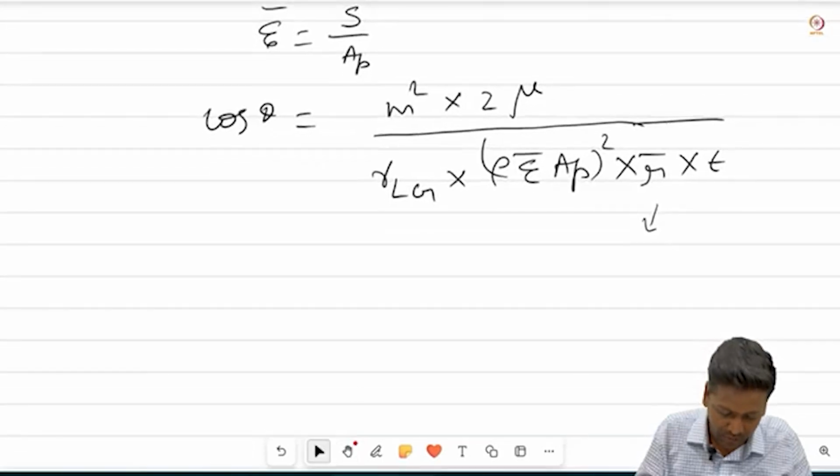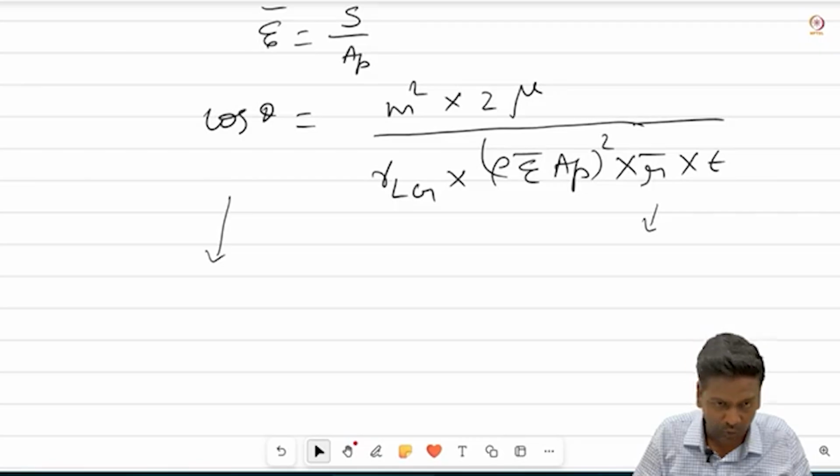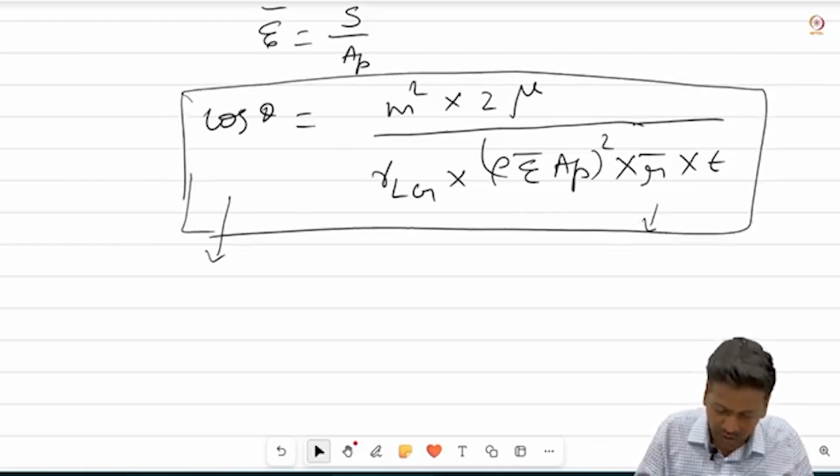This measurement is very useful whenever we deal with granulation, pelletization, or coating, especially in pharmaceutical industries, because in these applications, the measurement of theta or the wetting behavior of solid is very important. So this is going to be my final Washburn equation.